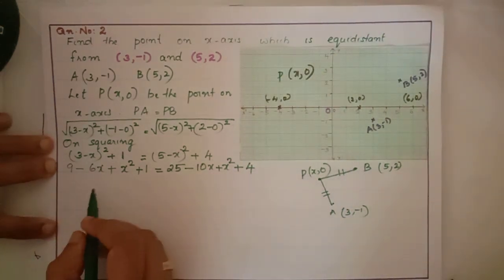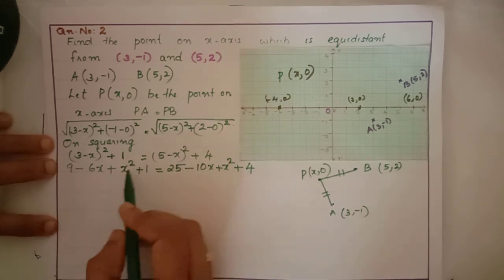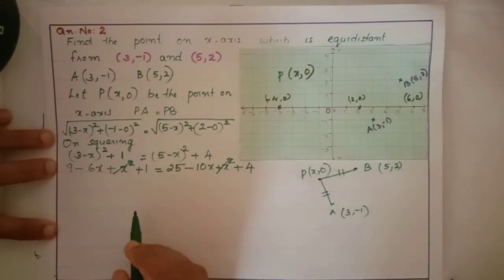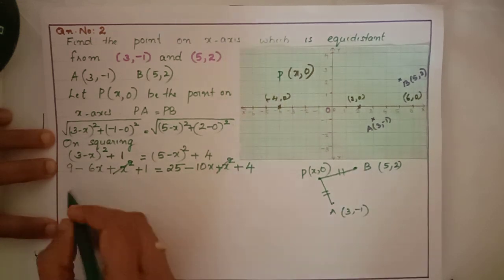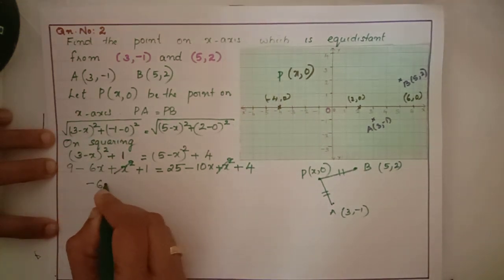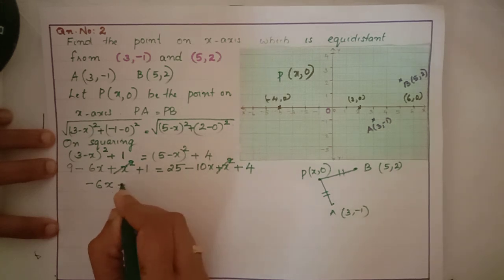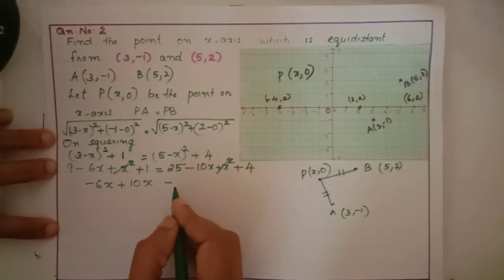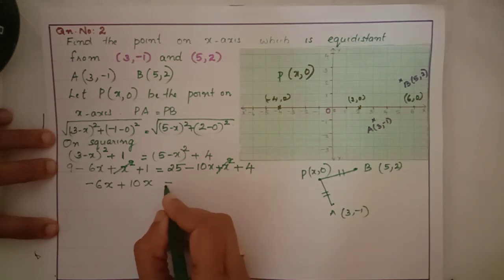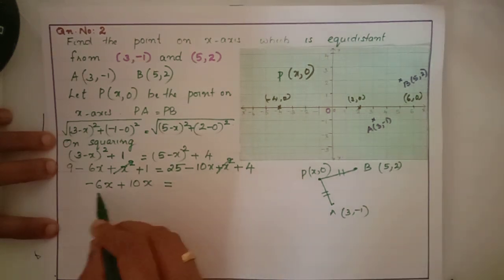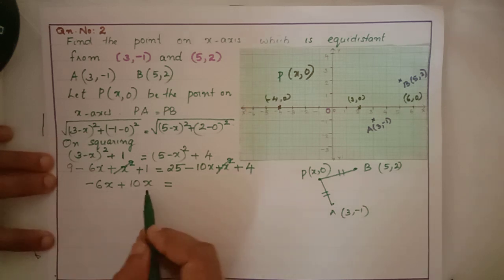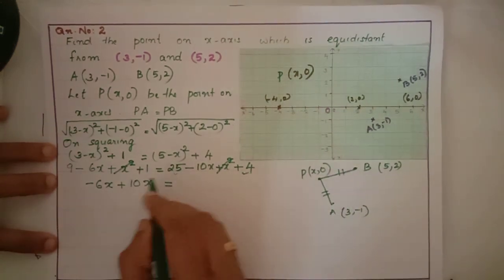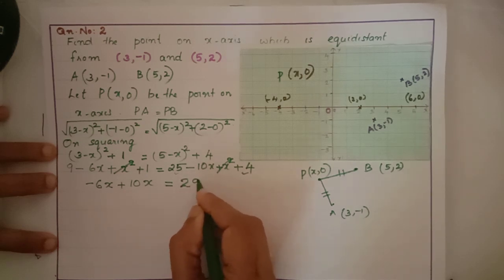Okay. Now simplification. Plus x square we can cancel. Collect the variable terms in one side. Minus 6x, this one will come as plus 6x, equal to, minus 6x plus 10x is equal to, here we have 25 plus 4, 29.